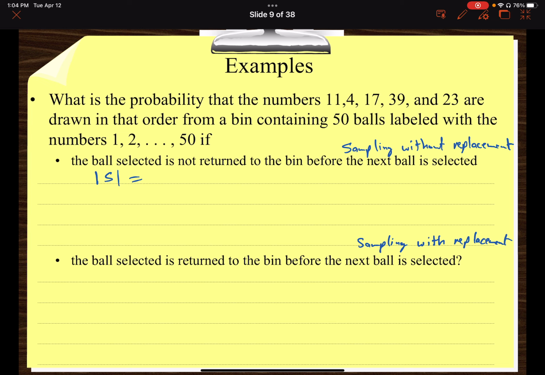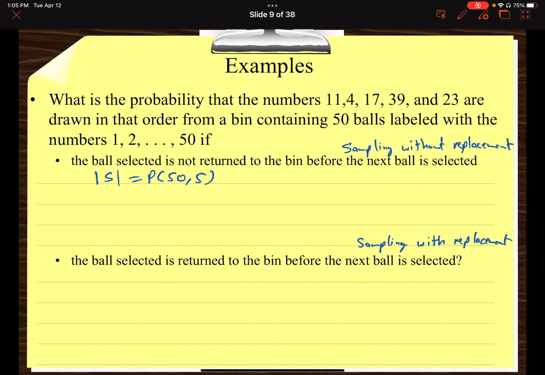Yes. 50 then 49. Once more, 50 and then becomes 49. Multiplied by, right? So basically, it is P(50,5), right? Why? Because they are in order.